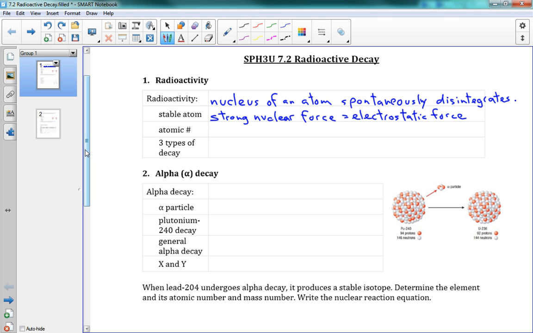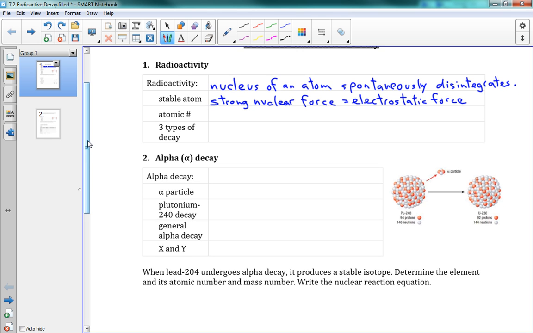If you have two protons near each other, they're going to push away because they're both positive, and like charges will repel each other. So the protons are pushing each other away, the strong nuclear force is pulling them back together again, and the atom is stable when those two are equal, when they're balanced. And they're unstable when they're not balanced anymore.